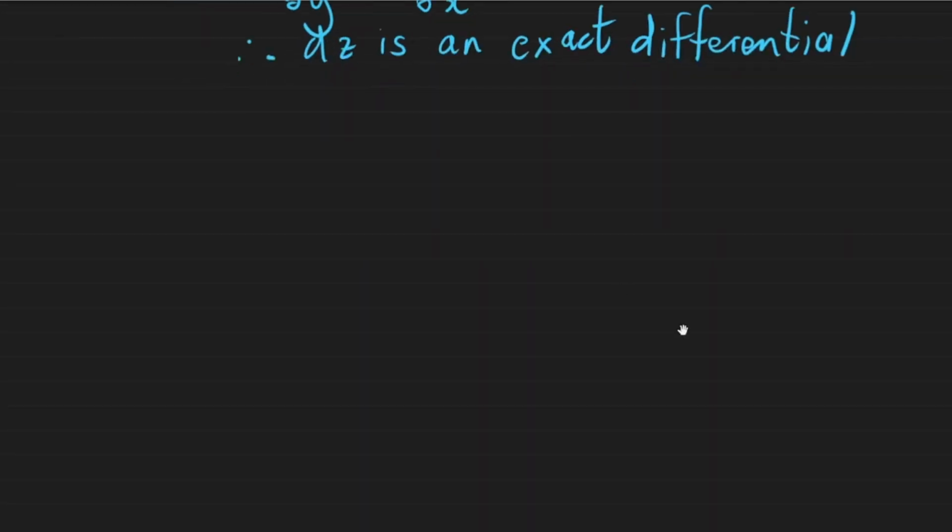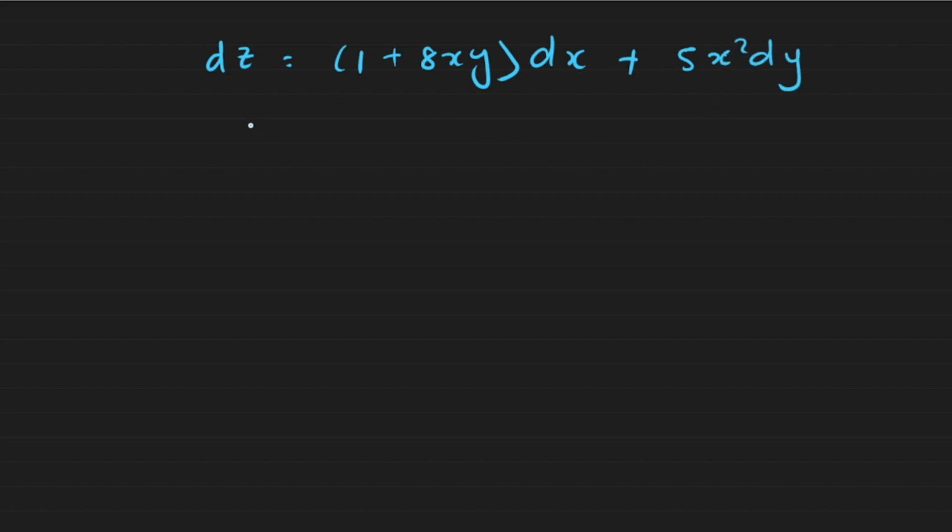So one last example. We have dz equal to (1 plus 8xy) dx plus 5x squared dy. As before, we let p equal to 1 plus 8xy. We find the derivative of p with respect to y.